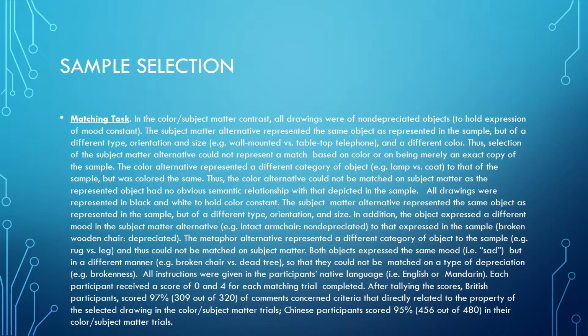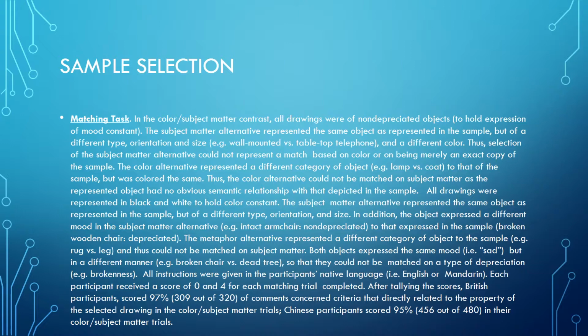The matching task is very detailed, so I highlighted some key points in where both the British children and the Chinese children had to identify the objects. In subject matter, they had to identify objects by orientation, type, and size.